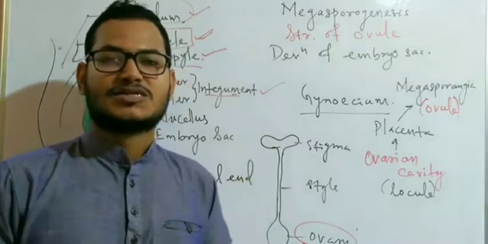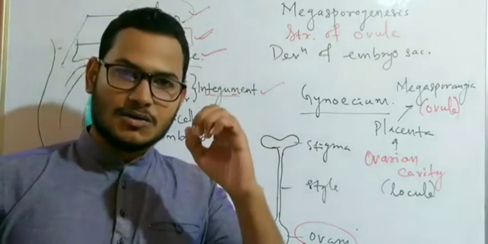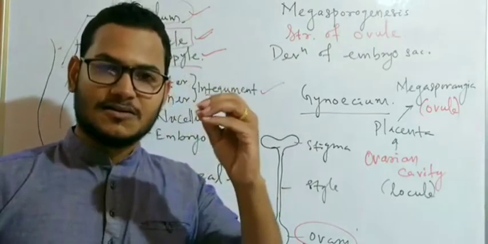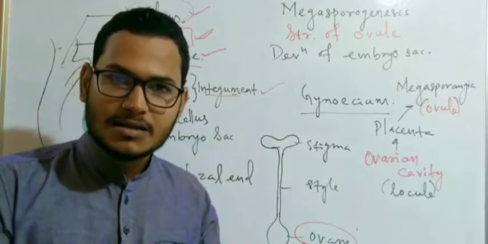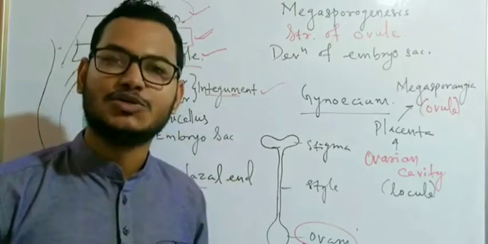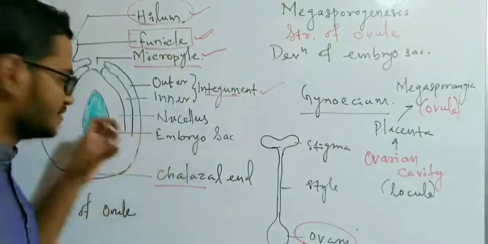The chalaza is present at the base of the ovule, and the micropyle is the opening, the pore through which the male gamete can enter the embryo sac. The embryo sac is present at the center.